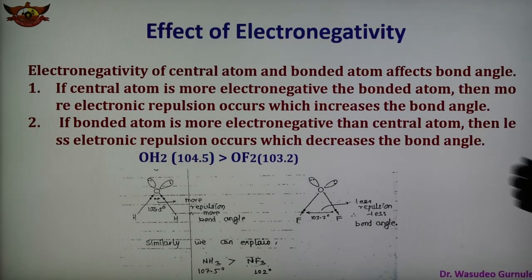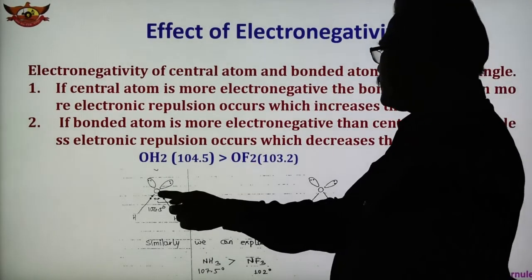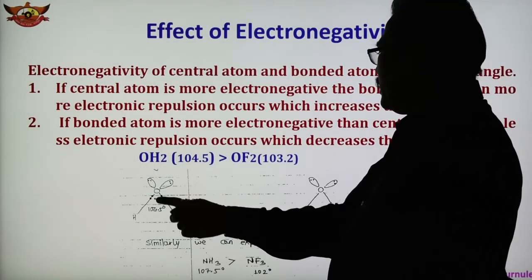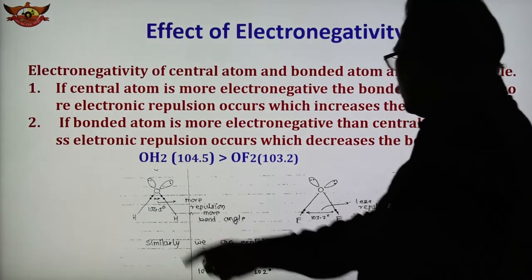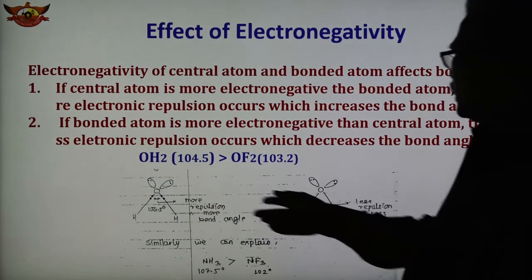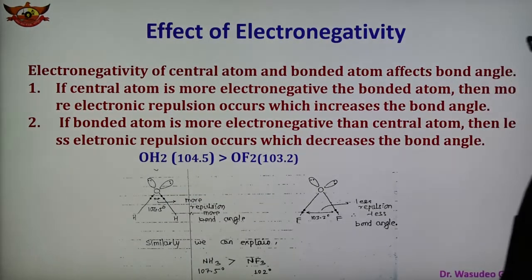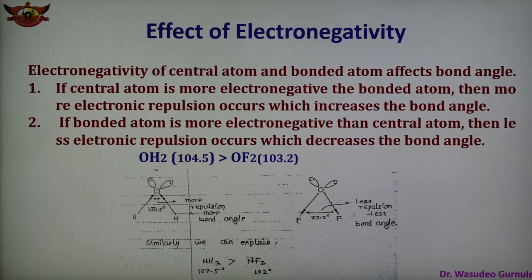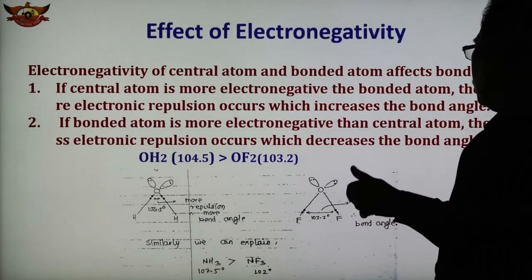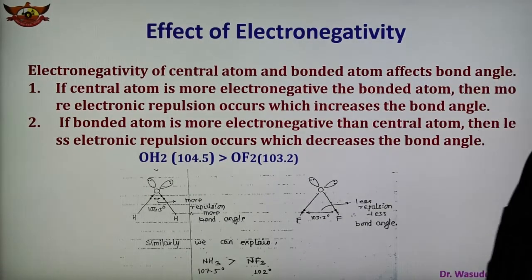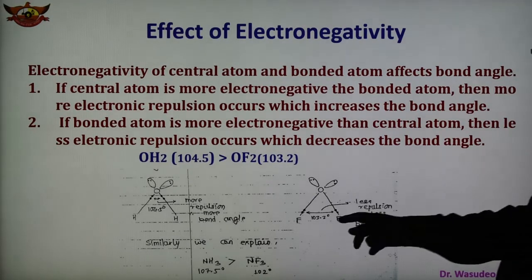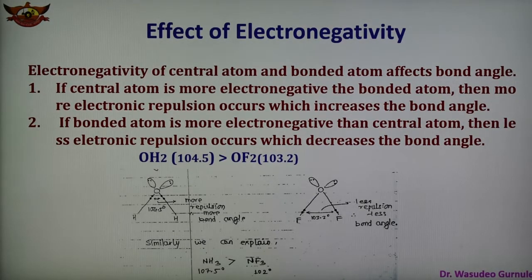As per the first point, the central atom is more electronegative, and therefore more repulsion is found and the bond angle is also more. In OF2, as the bonded atoms are more electronegative, the bond angle decreases, because there is less repulsion and therefore a smaller bond angle.